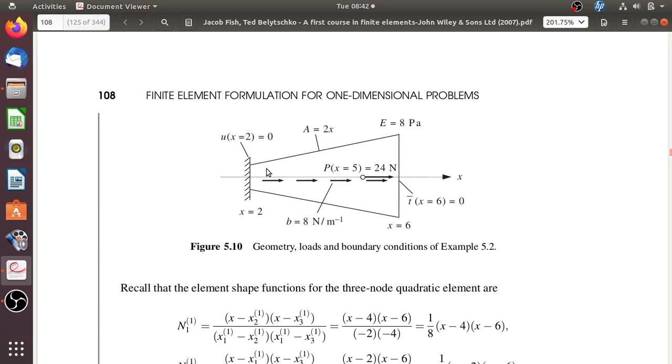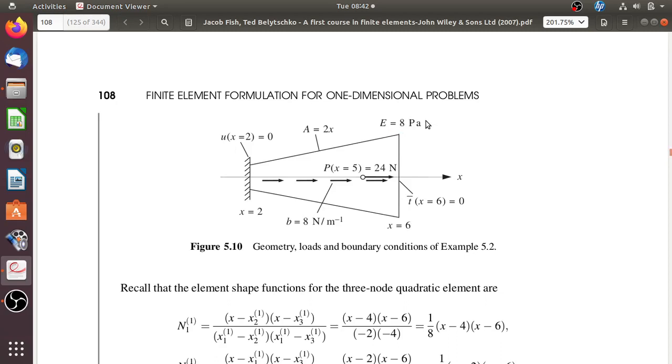This end is fixed, so the displacement is 0, and we are considering x equal to 2 at this end and x equal to 6 at this end. x varies in this direction, and the elastic property is 8 Pascal.